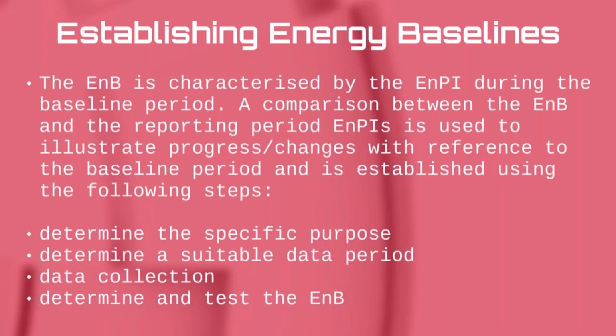But it's a good idea to use 12 months if there's no good reason not to, because it fits in with reporting cycles and other management system items. There is a practical help box in the standard to help you with this process again.